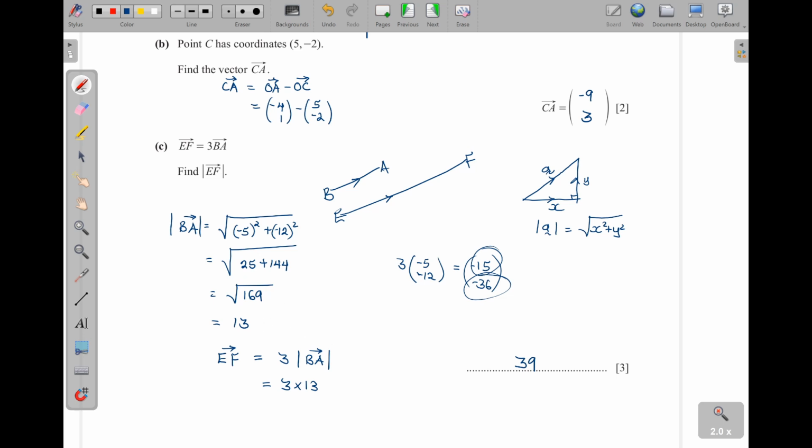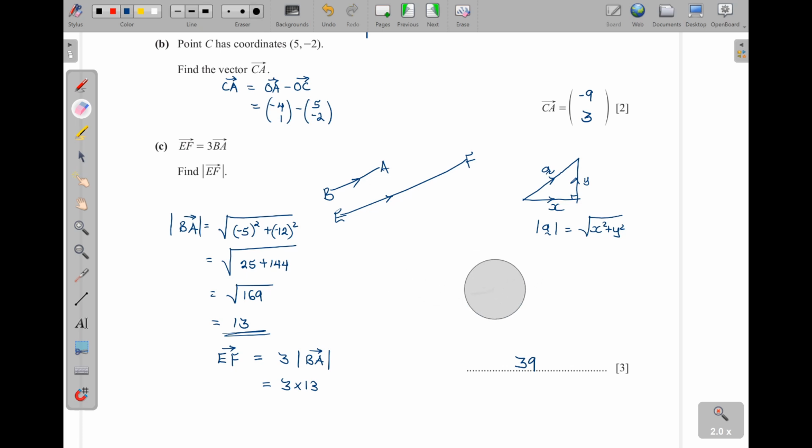So that's why I began by telling you that if these are two vectors which are parallel, then the length of this one will be a scalar, which is a 3 here, then you multiply it with the length of this one. So just get the length of the smaller one, which we have gotten here, then multiply it by 3. As simple as that.